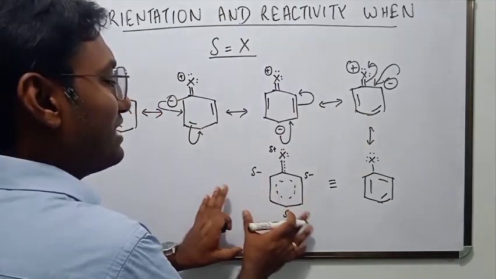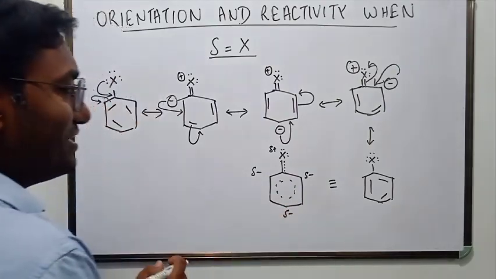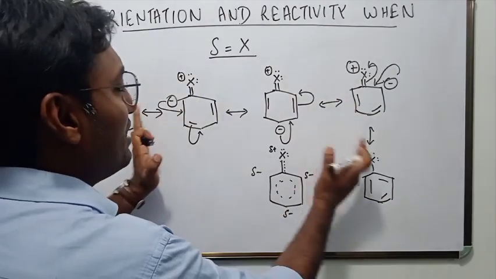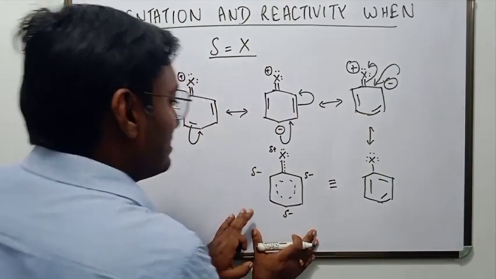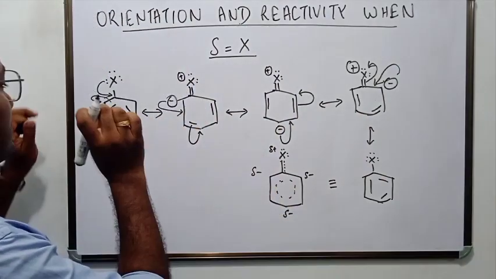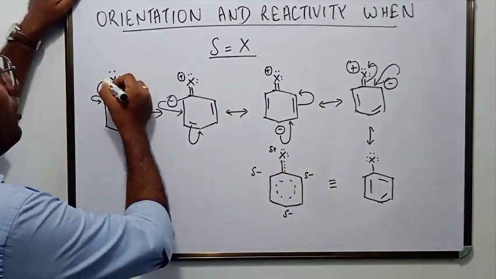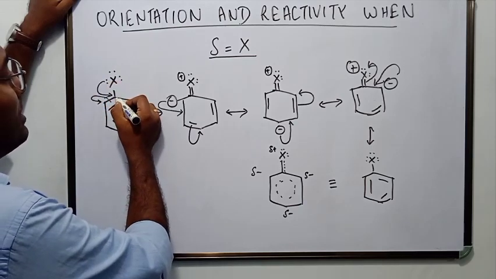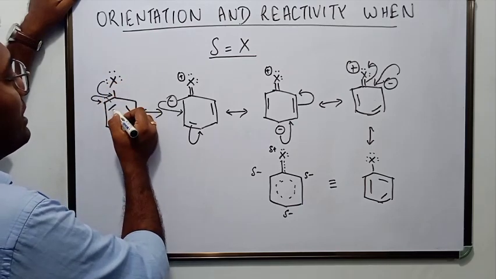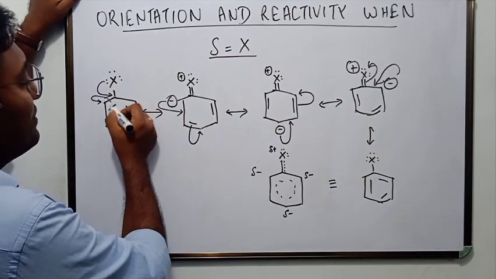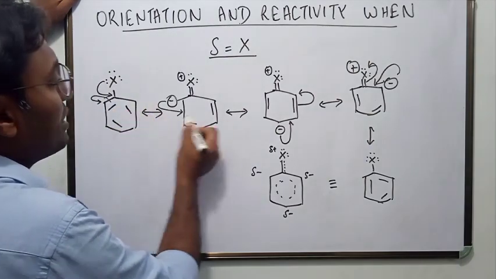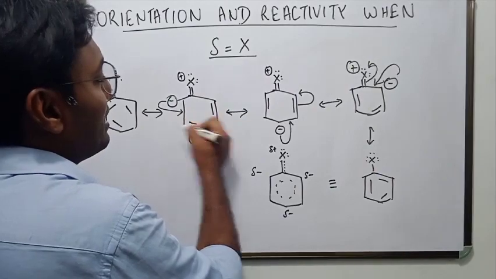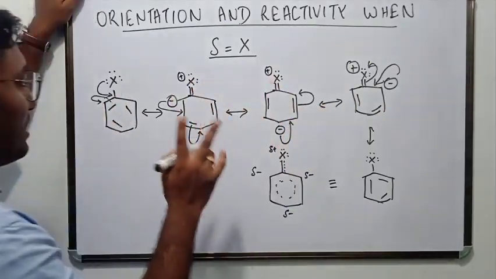It would be a combination of all the resonating structures. What we have seen here is that a lone pair of electrons has been donated by the halogen atom, and that has interacted with the 6 pi electrons of the benzene ring. So two things we can note here.